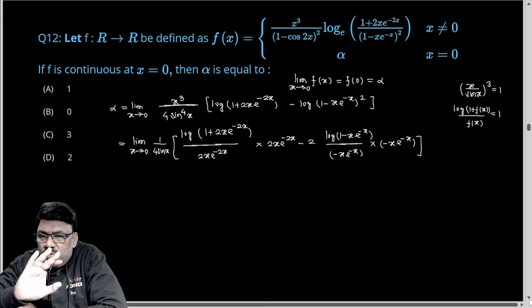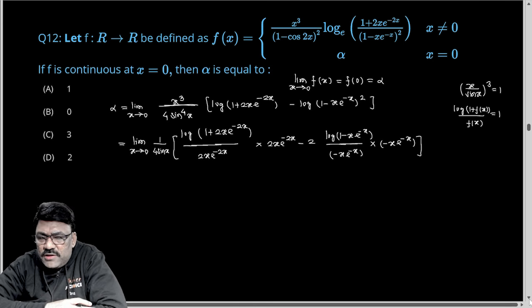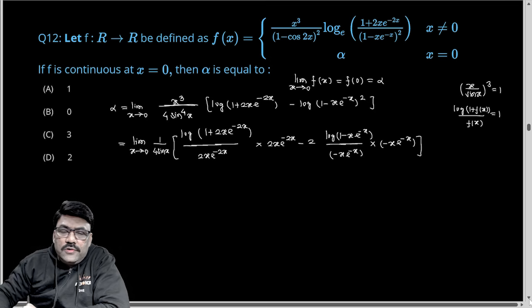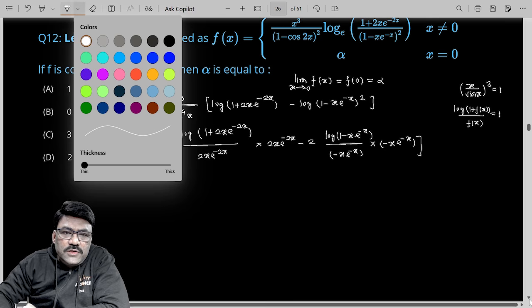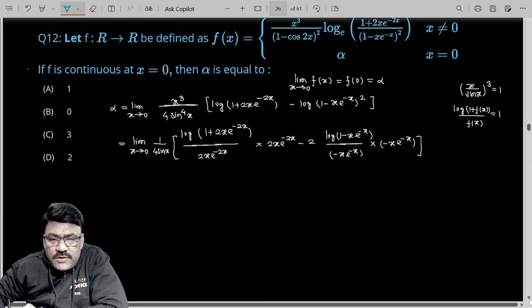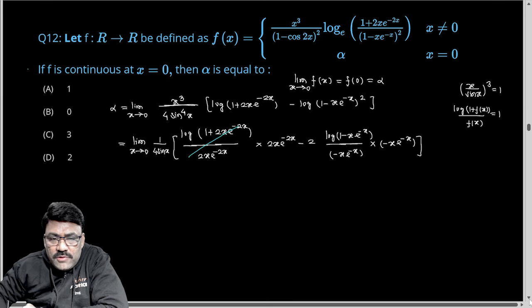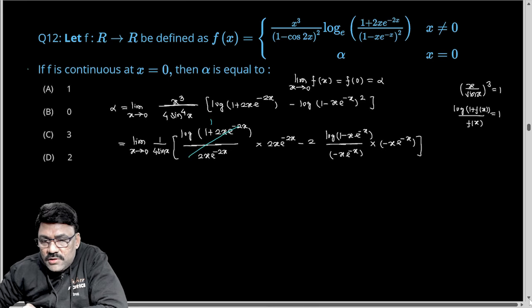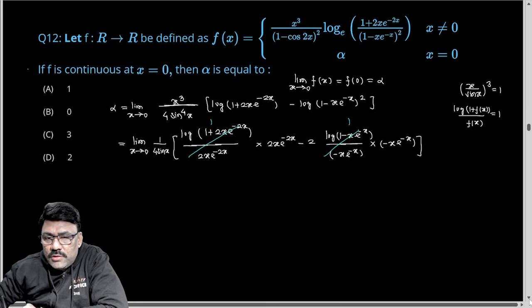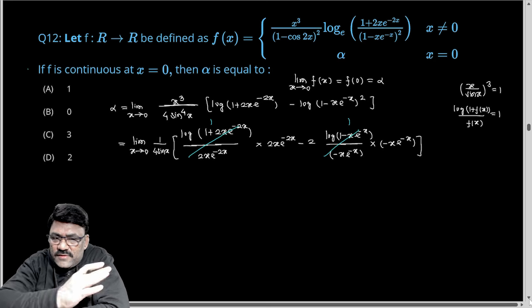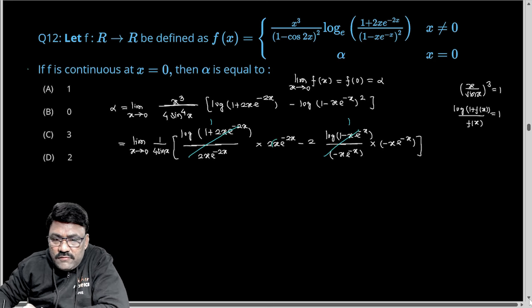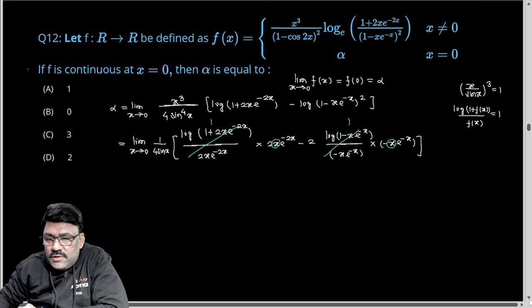Because x over sine x whole cube will become 1. If you want, just write x over sine x whole cube; ultimately that is going to be 1. Now you can see that this quantity, log of (1 plus f(x)) over f(x), will become 1. The x can be taken outside, so outside the bracket you will get x over sine x, which is also 1.